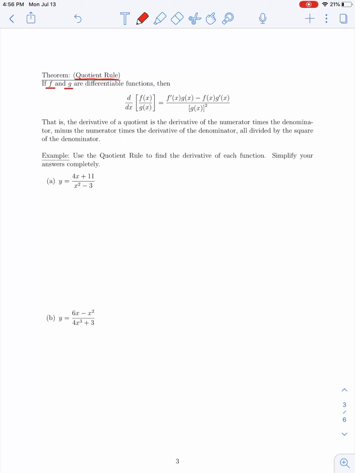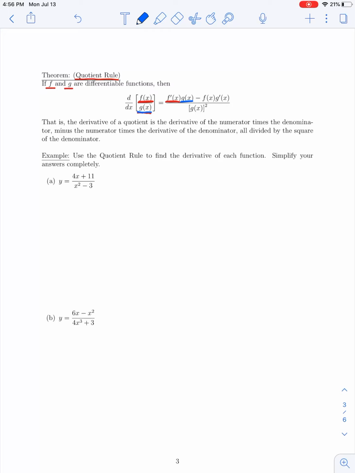If f and g are differentiable functions, so two functions whose derivatives exist, then the derivative of the quotient f of x divided by g of x is equal to the following. It's first found by taking the product of the derivative of f, that is the derivative of the numerator, times g of x, whatever function is in our denominator.